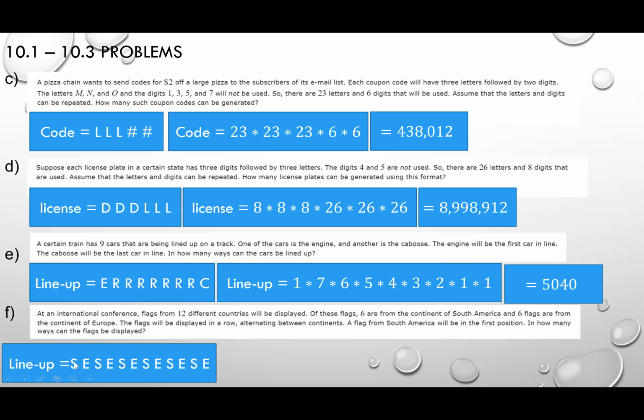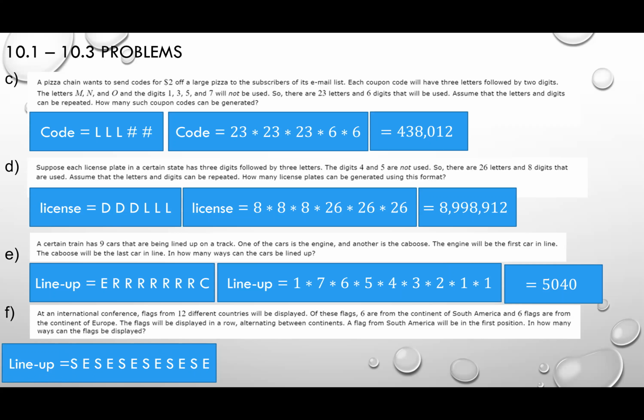We need to put South America first, then Europe, and so on, alternating each of the flags. So do you see that we have 12 different locations to put these flags in?